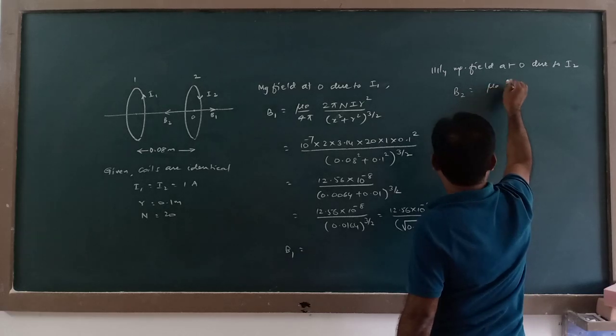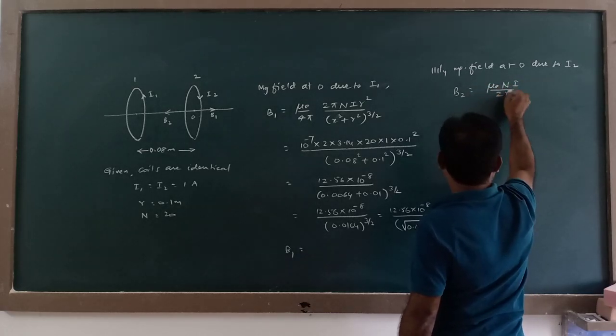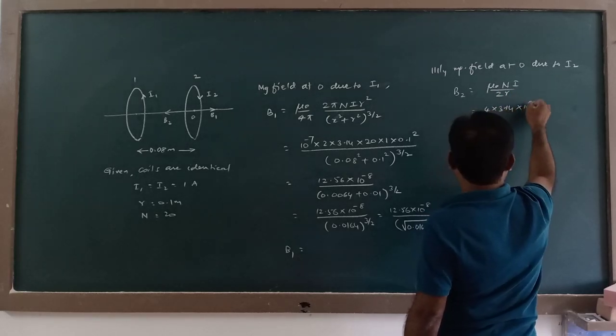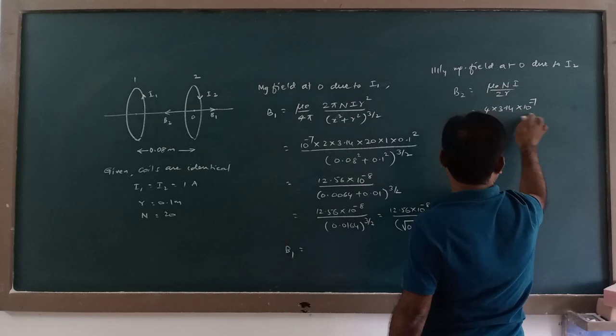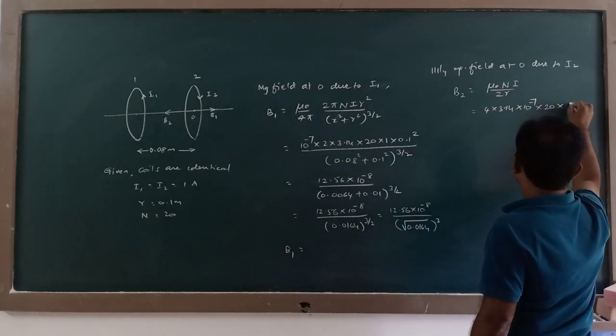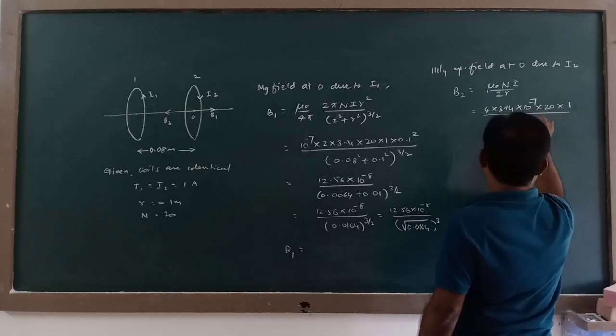Magnetic field at the center of a circular coil is given by mu naught Ni divided by 2R. So it is 4 into 3.14 into 10 to the power of minus 7. This is the value of mu naught. N number of turns 20, current 1 ampere, and this radius 2 into 0.1.